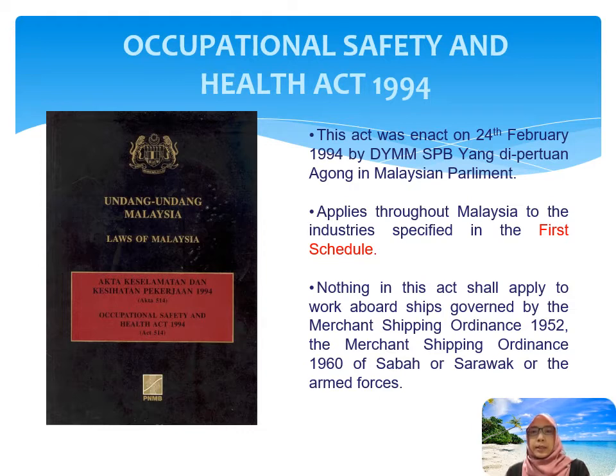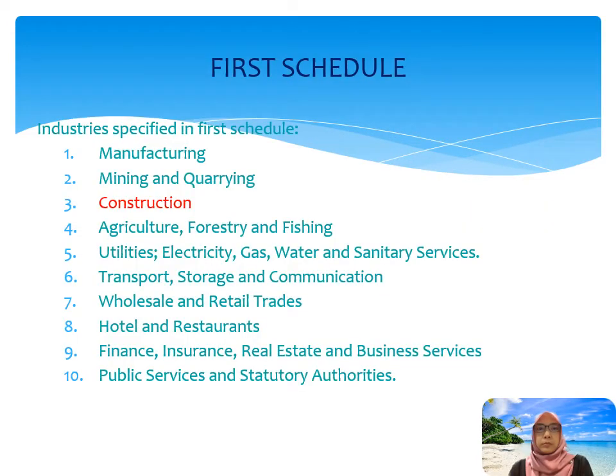Nothing in this act shall apply to work aboard ship governed by the Merchant Shipping Ordinance 1952, the Merchant Shipping Ordinance 1960 of Sabah or Sarawak, or the armed forces. Here are the 10 industries specified in the First Schedule, and one of them is construction.